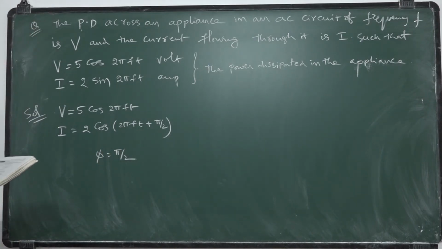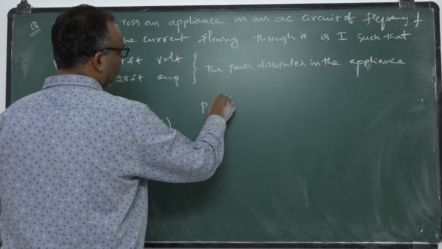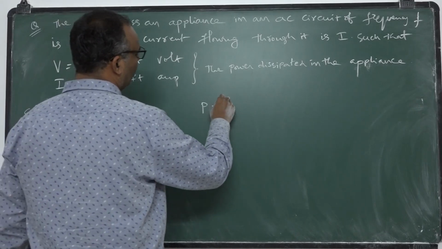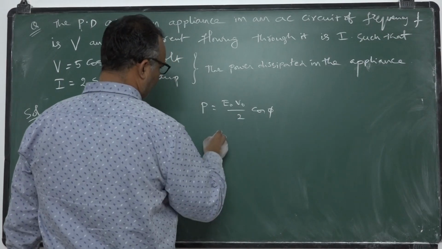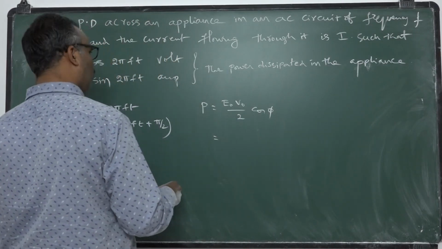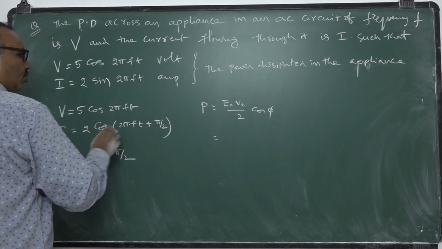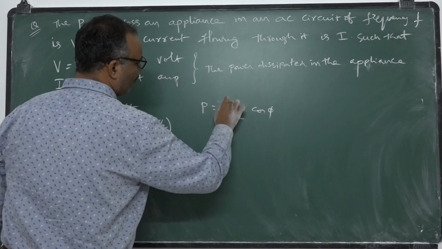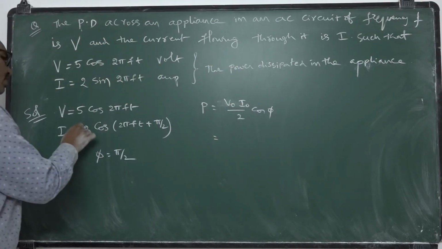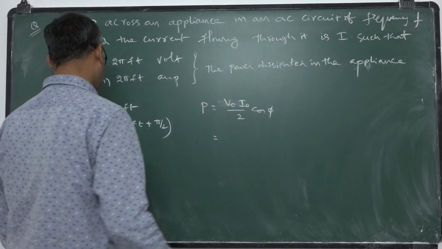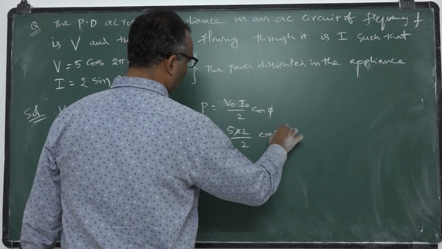We need power. Power is E naught V naught by 2 cos phi. Peak value of voltage V naught, peak value of current is I naught. So 5 into 2 by 2 cos pi by 2.